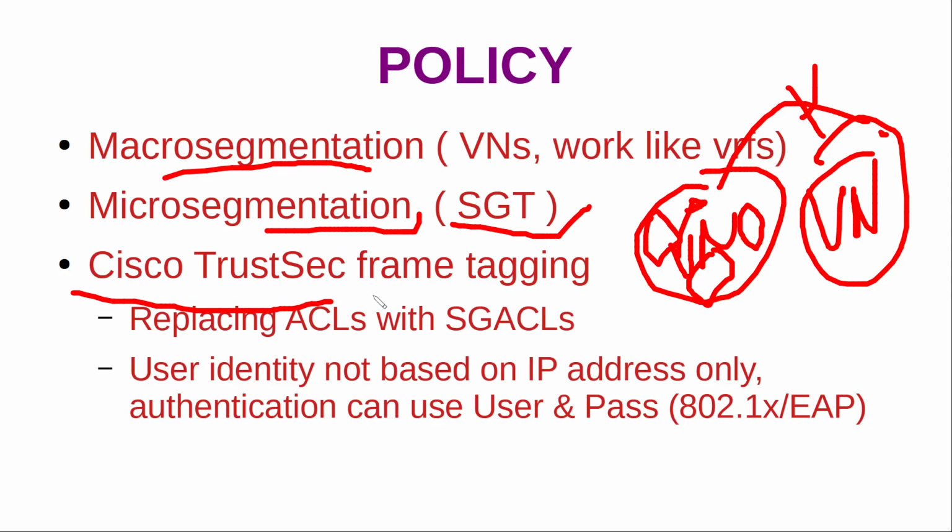And when this frame wants to reach a certain service or wants to get out of your network, that target service also belongs to a group. So you have a source group that wants to gain access to a target group. In that case, you can create a scalable group access control list. So our access control lists are not based on IP addresses anymore.